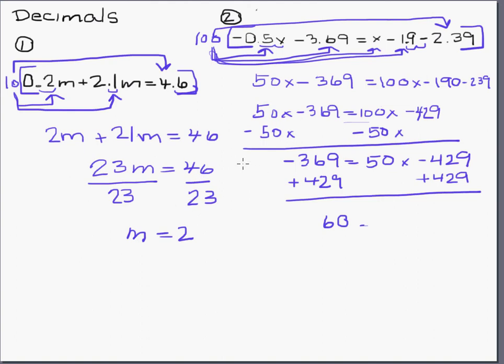And that's equal to 50x. And finally, we divide by 50 on both sides. And this becomes the number 1, so we have x on the right. And 60 over 50, we can reduce the zeros, so we get 6/5.